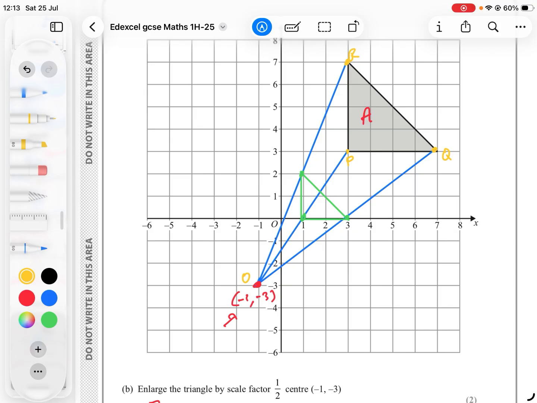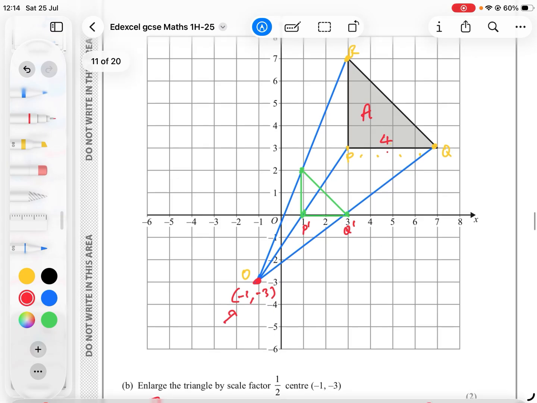Enlargement factor half, that means this length is 1, 2, 3, 4. I'm going to put 4 here, in a different color, red. The corresponding enlarged side P dash Q dash is 2.